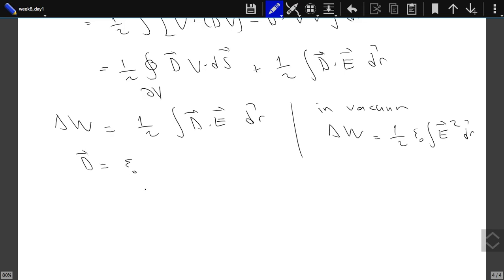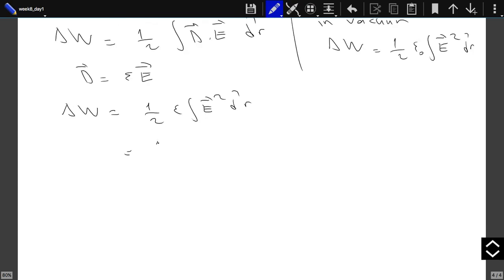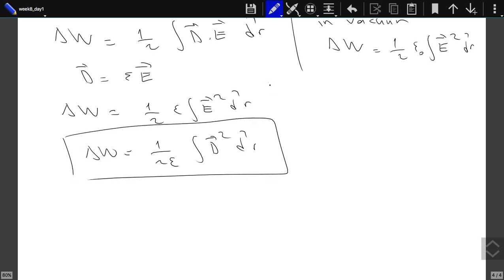Remember, D is equal to epsilon times E. If you have a linear dielectric, in this case, the work done will be 1 over 2 epsilon times the integral of E squared, or 1 over 2 epsilon times the integral of D squared. So this is the energy stored in a dielectric.